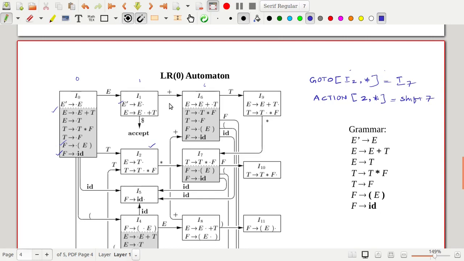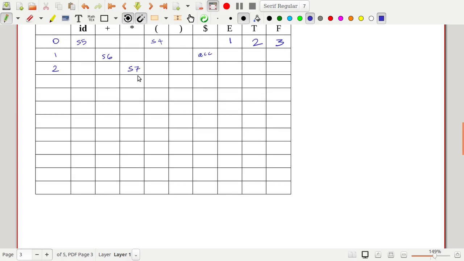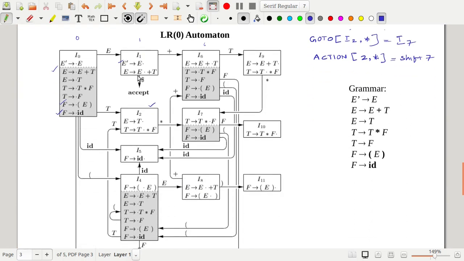That can be filled here. Action of 2 comma star is equal to S7. Then that's about the action. And if you are considering this production, E gives T dot.